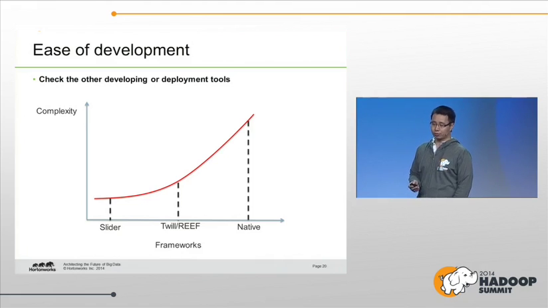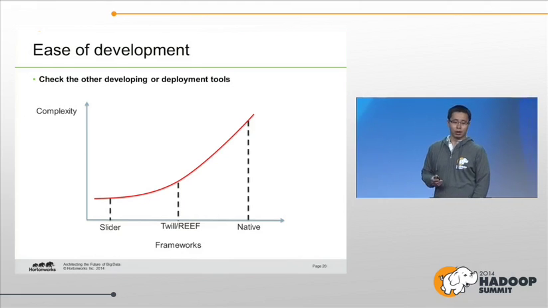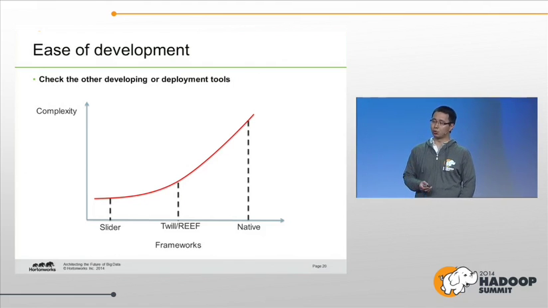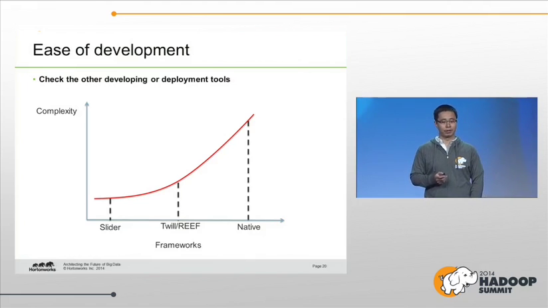But if you don't want to do that and want something in the YARN fashion, you may choose Twill and REEF. These are SDK tools on top of YARN. For example, Twill can help you write a YARN application just like a multi-threaded Java application.